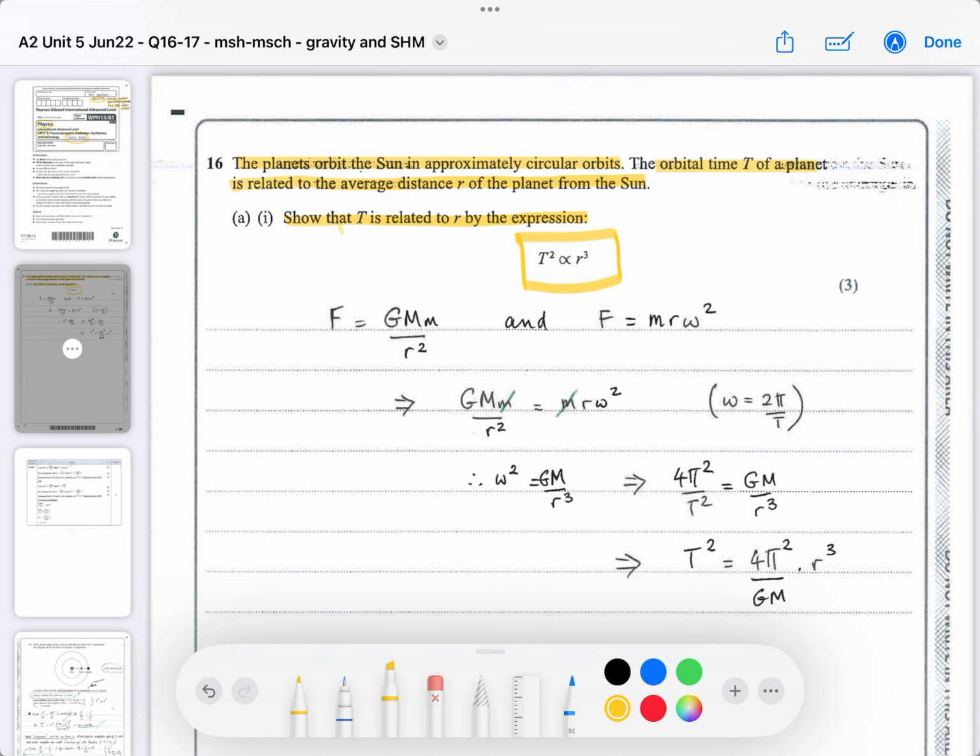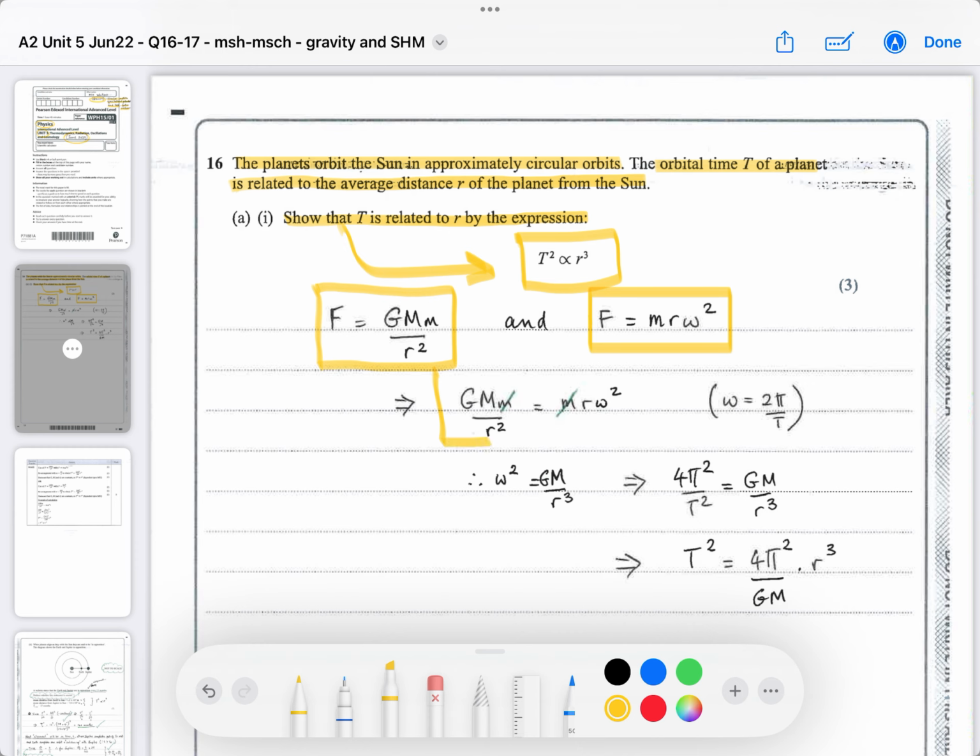So this is what we've got to show. The way you do it is, obviously, Newton's law of gravitation is the first equation you need to look at, and circular motion, F equals m r omega squared, is the second.